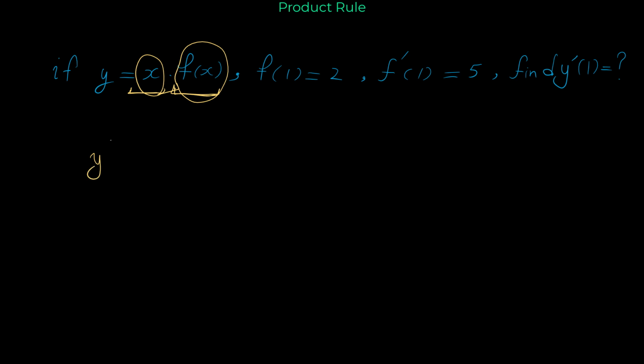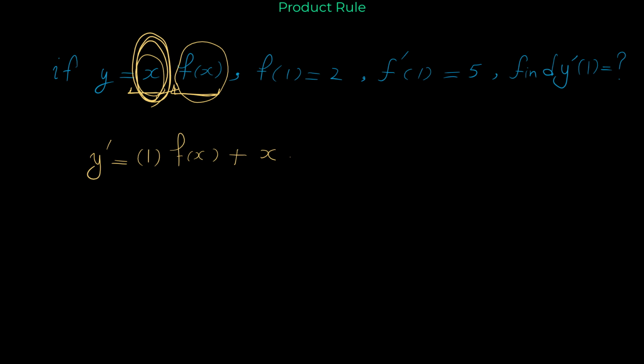So for finding y prime, we use product rule. Let me remind you the product rule. First, take the derivative of the first function only. What is the derivative of x? 1, times the second function, plus the first function x multiplied by the derivative of the second function.